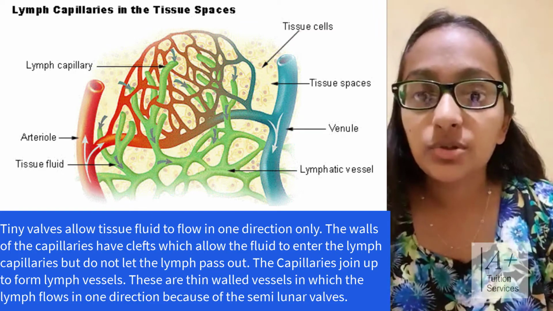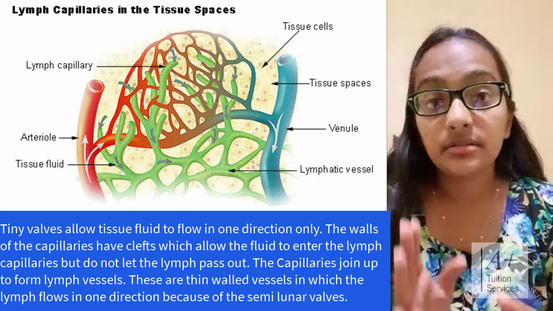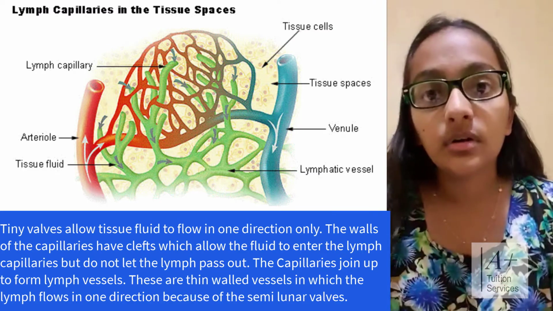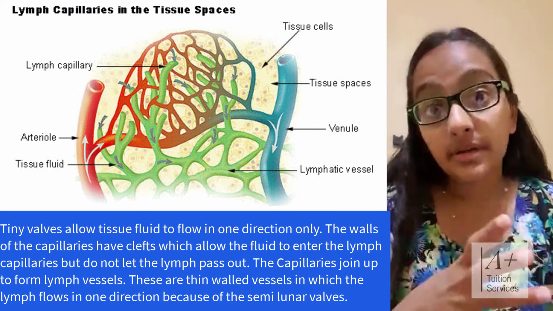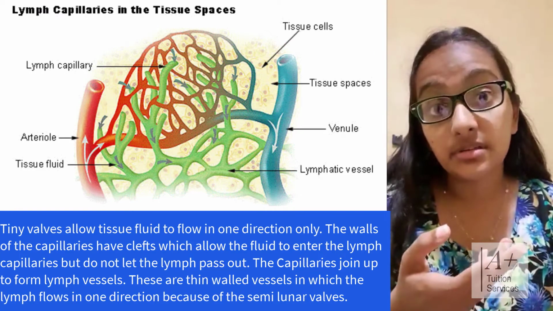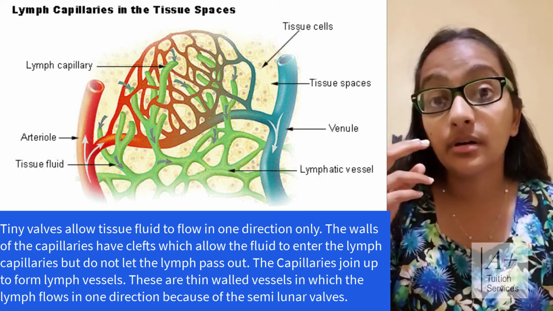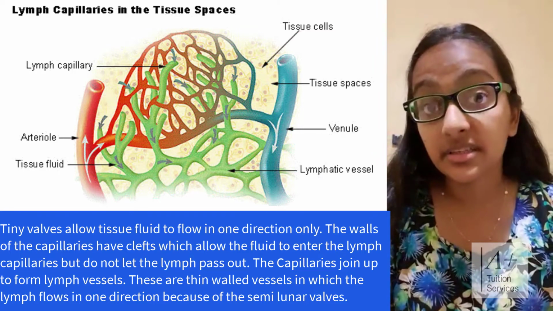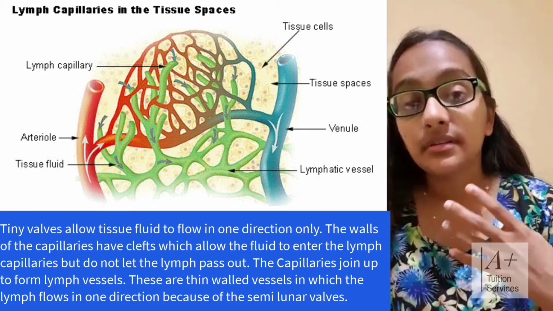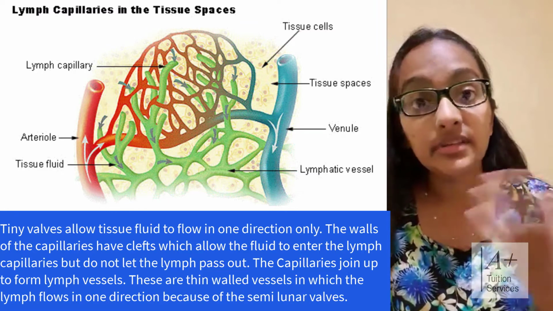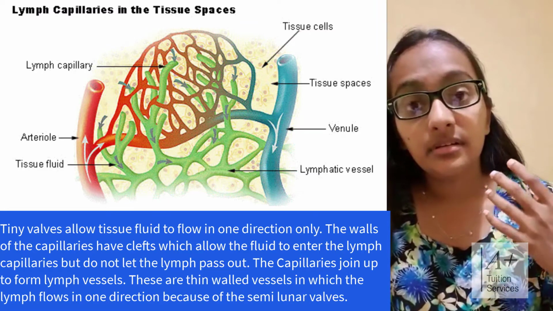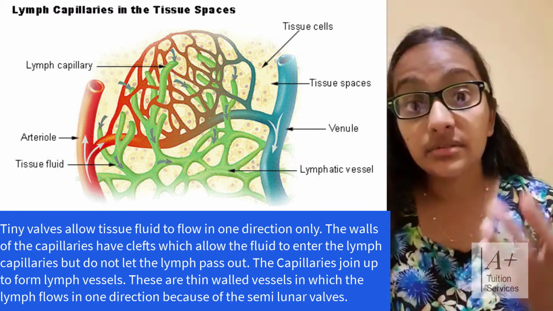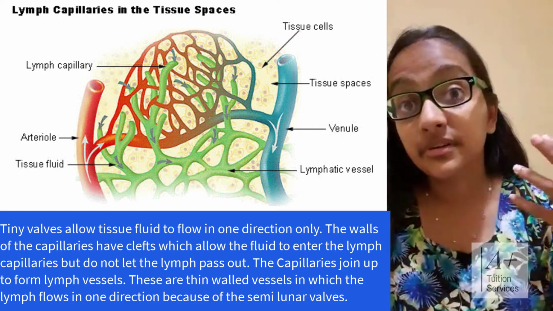The capillaries join up together, just like how capillaries in the blood system join to form arterioles, which then join to form arteries, similar to the venous system, where the smaller veins, the venules, join up to form veins.